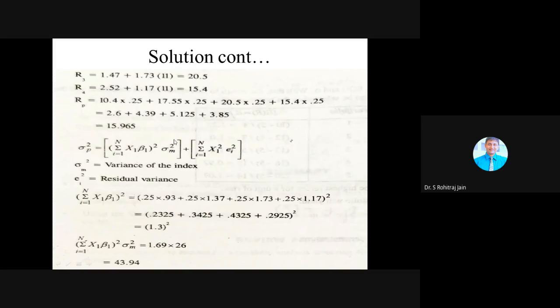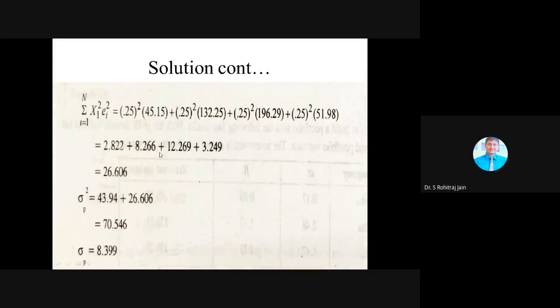Now what I do is I add the first component and the second component to get sigma p square, that is the variance of the portfolio. So 43.94 plus 26.606 is how much? Variance of the portfolio, that is 70.546.